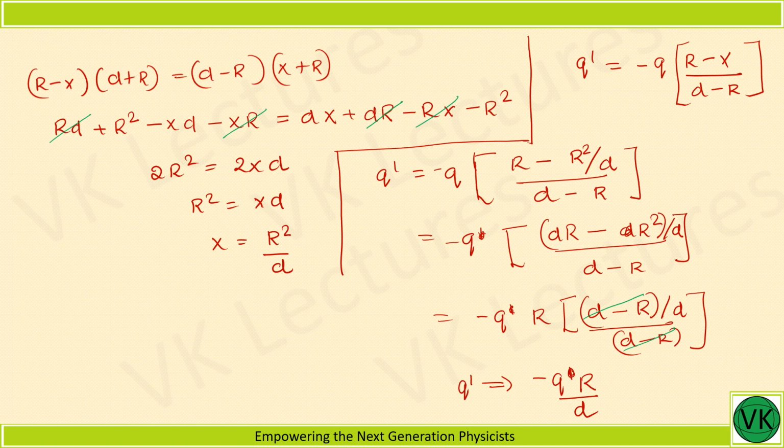So we got, for conducting sphere, value of x equal to r square by d, and the image charge is equal to minus q r divided by d.